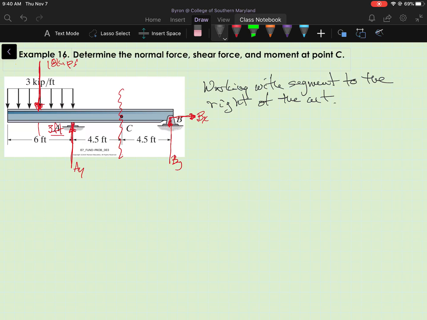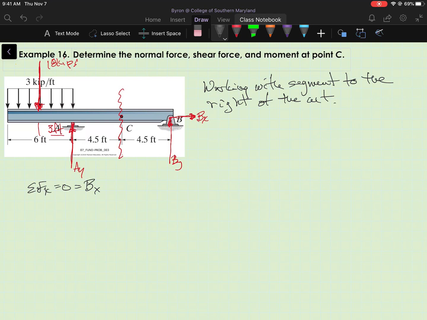Now I'm going to apply the equations of equilibrium to the free body diagram of the entire beam, and I'll get B sub x out of the way first. So the sum of the forces in the x direction equals 0, and I can see that the only thing I have going in the x direction is B sub x, so therefore B sub x is 0.